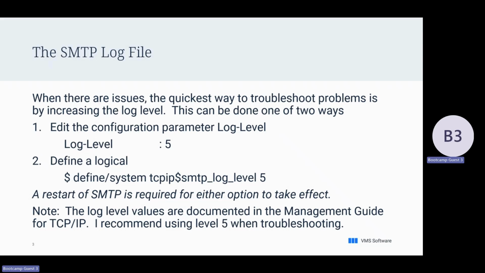You don't have to modify the config file. For myself, I stick with the logical. My other TCP/IP partner always uses the log level 5 in the file. He's retired, we don't care about him anymore. We're going to stick with our logical.